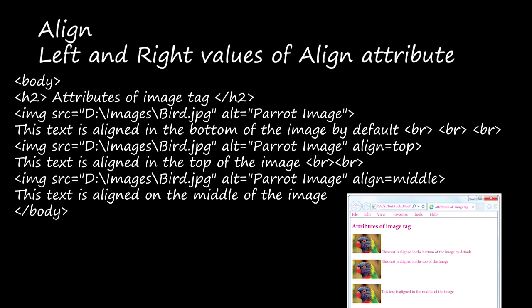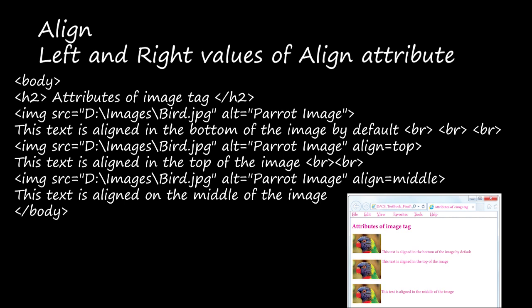Like that they have given a text, and then one line, and they have given 3 times break, and then another image, and then again another text. In that second text they have given align is equal to top, right?